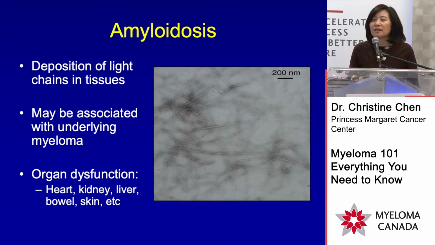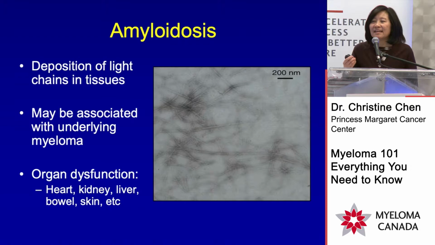And this is when part of the myeloma protein deposits in an unusual fashion in different organs. It kind of deposits in this fibrillar pattern. So you can see on the right, the image is a special kind of radiograph. It's an electron microscope where you can look down into really microscopic levels of the protein, and you can see that it's laying down in these fibrils.